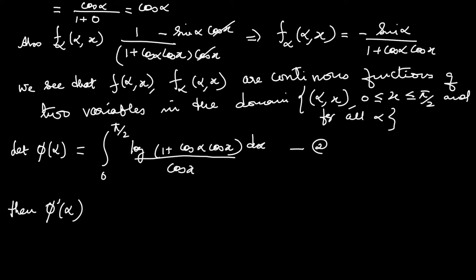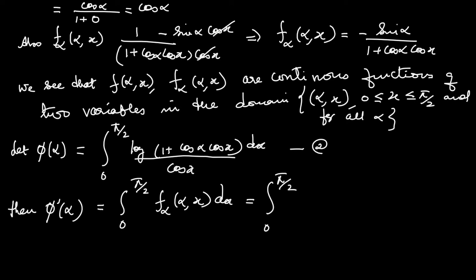So phi prime of alpha will be equal to the integral from 0 to pi by 2 of the derivative, f suffix alpha of alpha x dx, that is del alpha of log of (1 plus cos alpha cos x) by cos x. Now you can see from here that f suffix alpha of alpha x is minus sine alpha by (1 plus cos alpha cos x), so you can substitute it there.